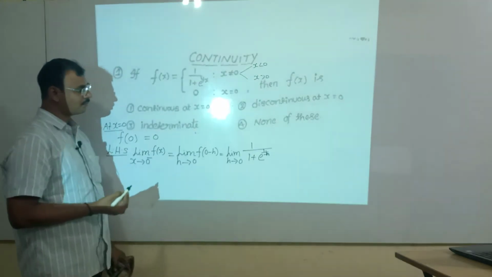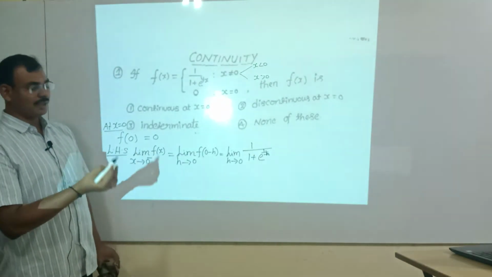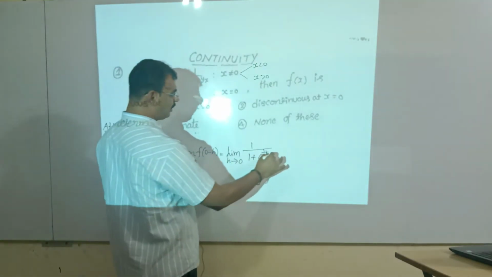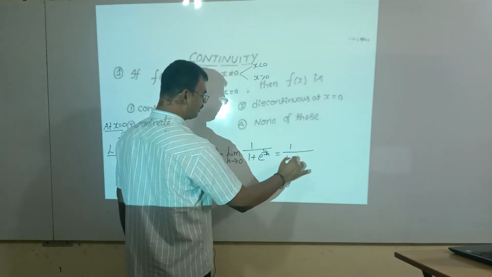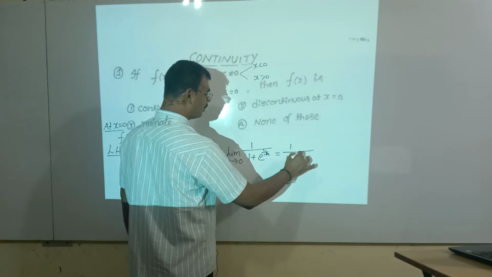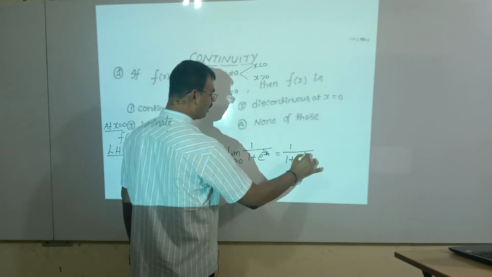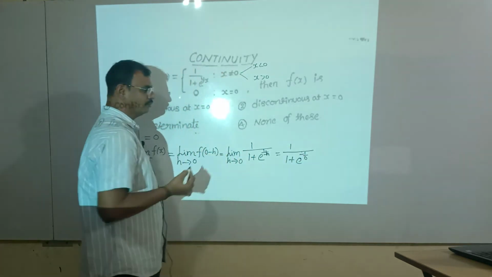Then you apply the limit. This is equal to 1 upon 1 plus e raised to minus 1 divided by 0.